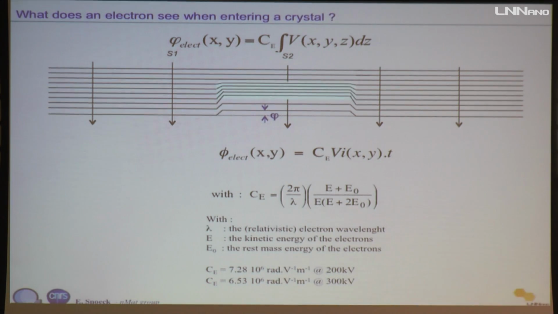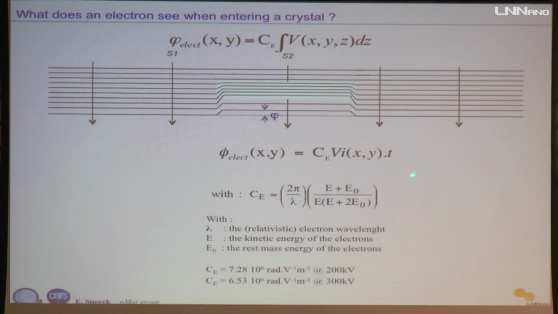As I said, it is the potential of the material, the so-called mean inner potential, which corresponds to all the electrostatic field it sees when passing through it. And actually, it sees a positive field, so the electrons are accelerated. The phase is pushing the electron forward.